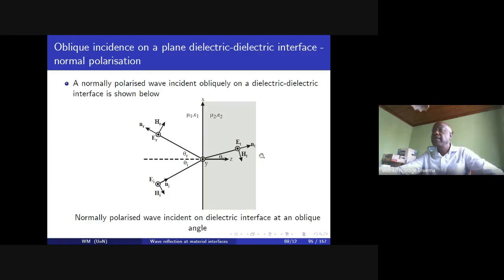Now, this is exactly the same case we did when we were looking at oblique incidence using a good conductor. The only thing that has happened is that we have now put sigma equal to 0 rather than sigma equal to infinity. And because of that, we'll have a transmitted wave going into medium 2 at an angle of transmission, or an angle of refraction, theta t.